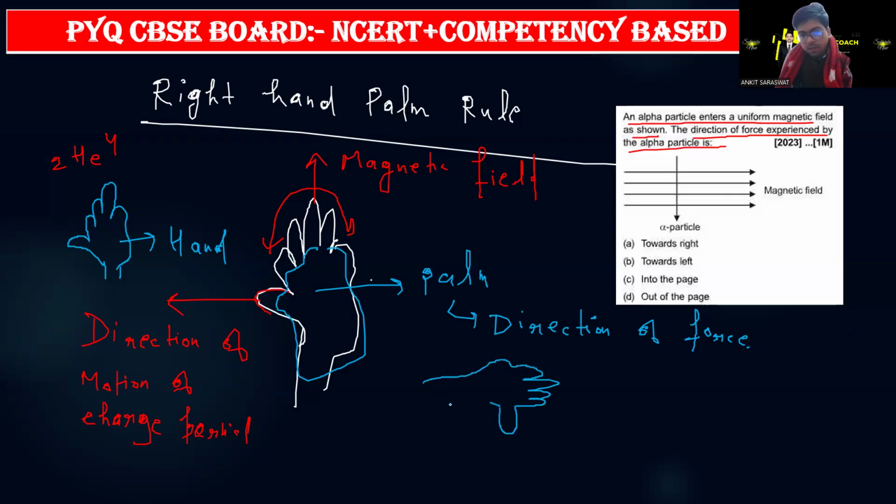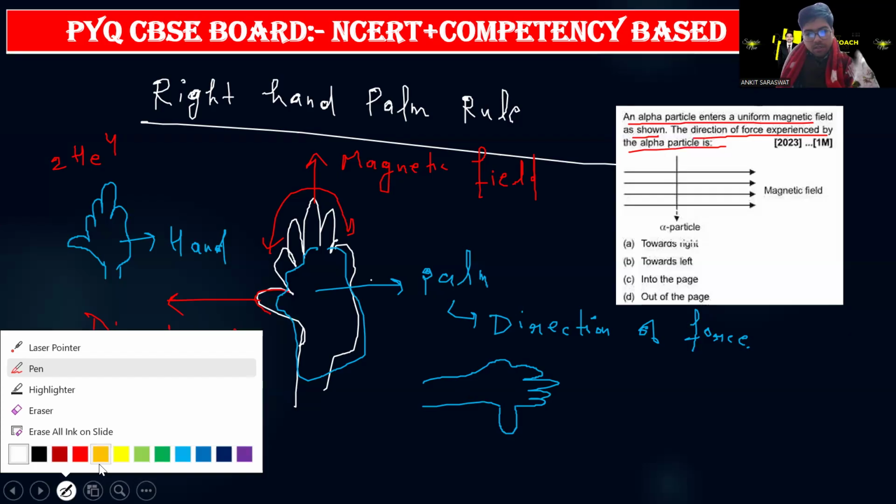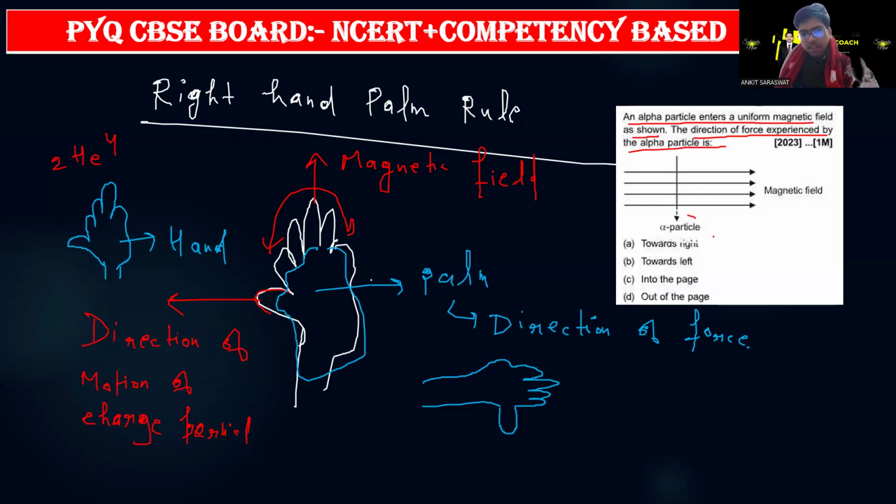Somehow I made it clear. Now your thumb is in the direction of this alpha particle. That is correct as per the right hand palm rule. All the fingers are in the direction of the magnetic field. Magnetic field is to the right. You can check.